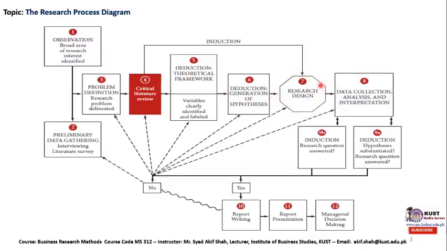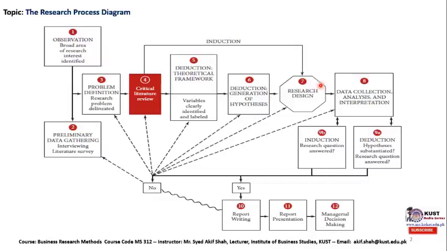In my previous lecture, I explained in detail the first two elements of a research design, which were the type of investigation and the purpose of study. In the purpose of study, we explained the three different types of research studies.